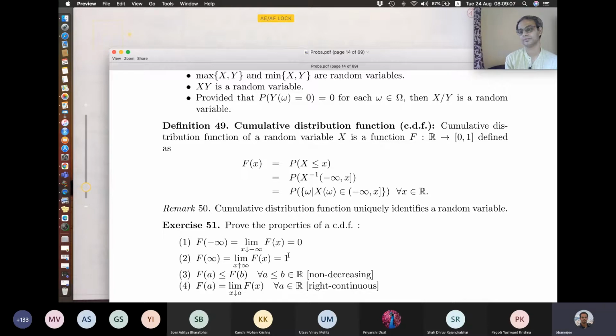No. Why? Sir, because the area under the whole curve has to be 1. No, Fx is the CDF. I am not talking about the PDF, such that the area under the curve is 1. Fx is the area.